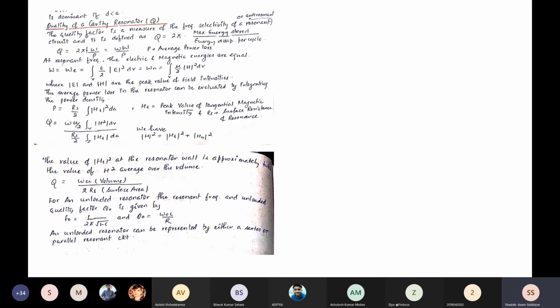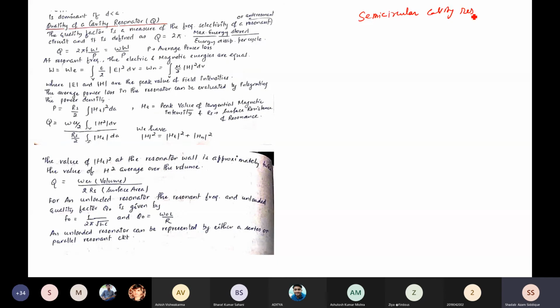It is quite similar. All the derivation and all the things are the same, but you can go through it once.